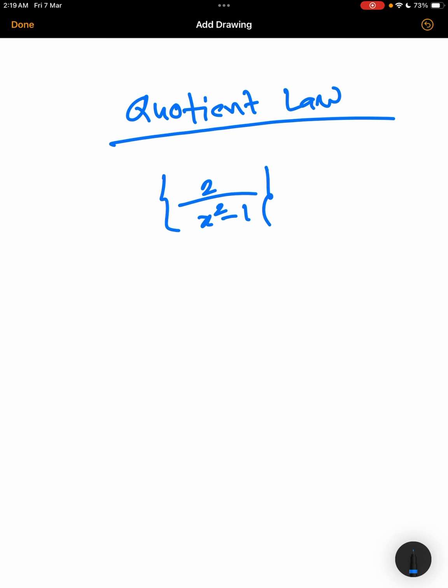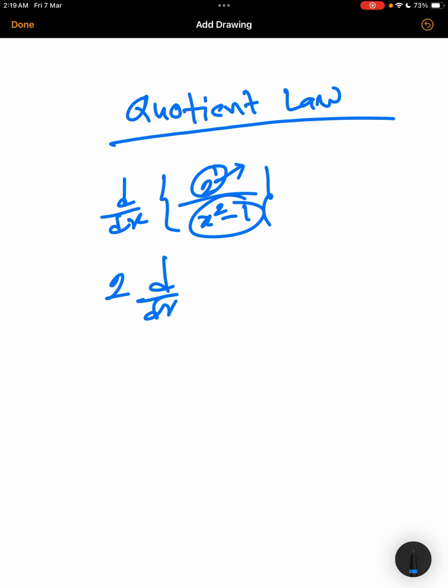Now the quotient rule. Suppose here 2 by x square minus 1. Most of the kids will try it like this is u, this is v. Guys, you don't have to. First things first, if the numerator is absolutely a constant, then pick it out in front.